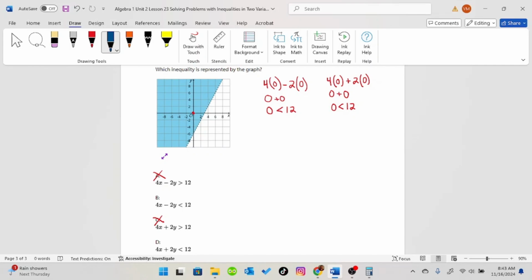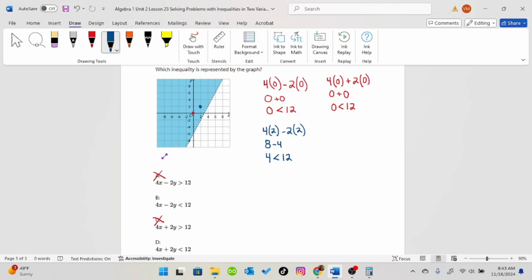I'm going to pick another point, 2, 2. So let's try it in these. That would be 4 times 2 minus 2 times 2. 4 times 2 is 8. Negative 2 times 2 is minus 4. 8 minus 4 is 4, and 4 is less than 12.